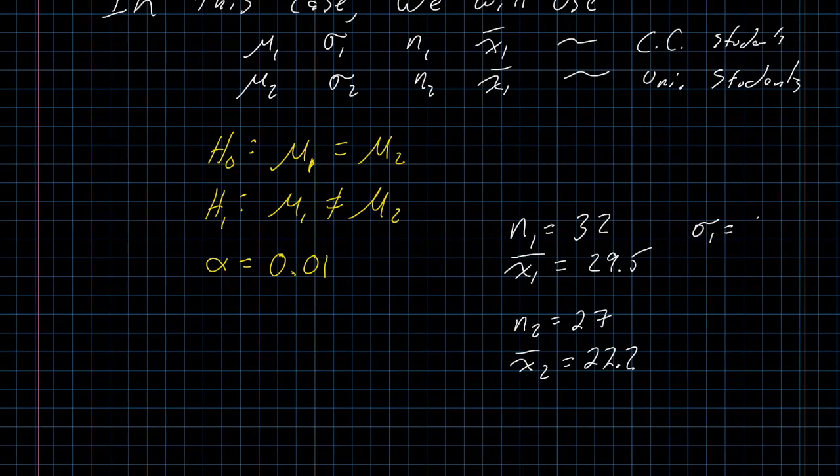Sigma 1 is 6.8, and sigma 2 is 3.4. All right, so we know the standard deviations of each of these populations. That has to be something we know from the past. Again, our process does not give us enough information to analyze and calculate the standard deviations.